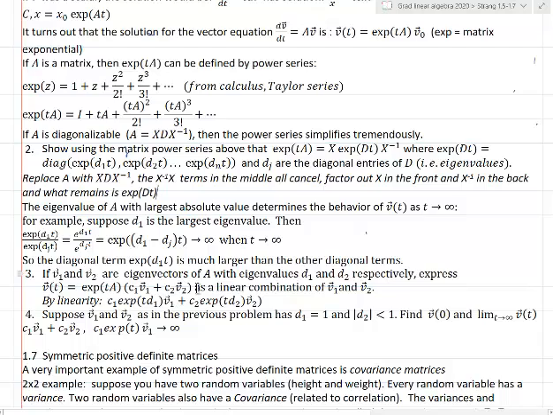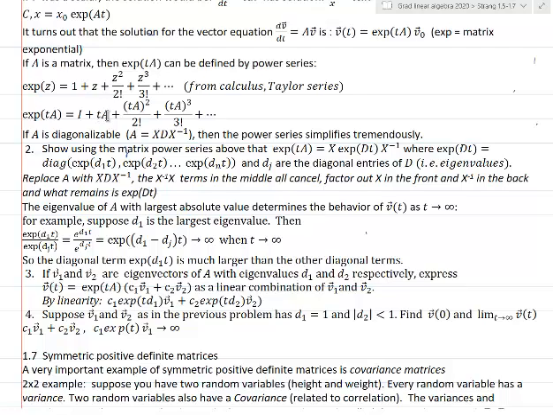But remember the way that exp of ta applies. If I apply exp of ta to v, what do I get? Well, I put a v here, so I get v and then plus tav. What is tav?